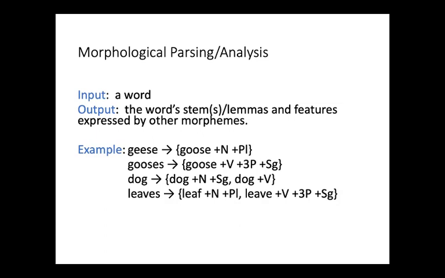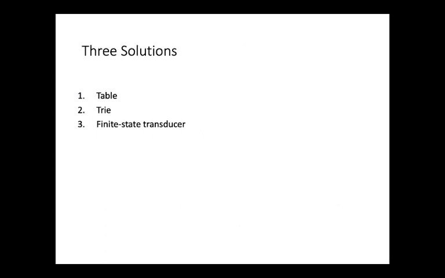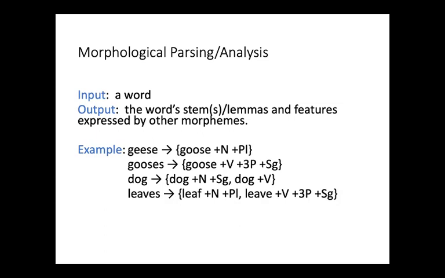And the output is the stem, the lemmas, and features expressed by other morphemes. For your homework, it's just going to be the lemma, right? The basic dictionary form of the word. So there are at least three ways that you could get from a word to its analysis.